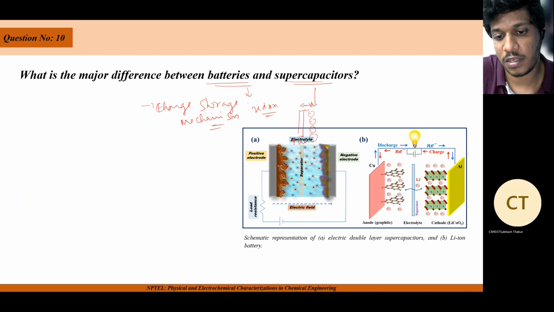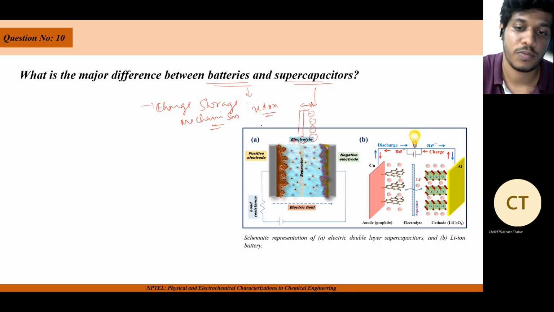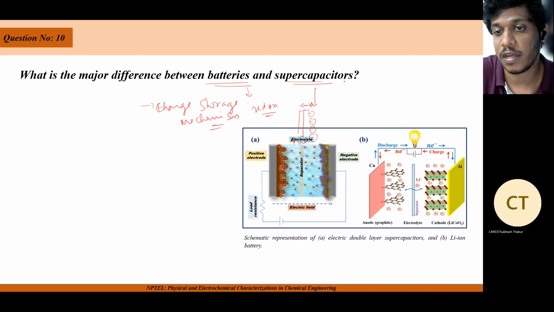These are the basic diagrams of, say, an electrical double layer capacitor and a lithium ion capacitor. As we are going to discuss in the upcoming slide, supercapacitors can be of mainly three types according to their charge storage mechanism. One of them is the electrical double layer capacitor. So basically this is a schematic diagram showing the difference between a supercapacitor and a battery.